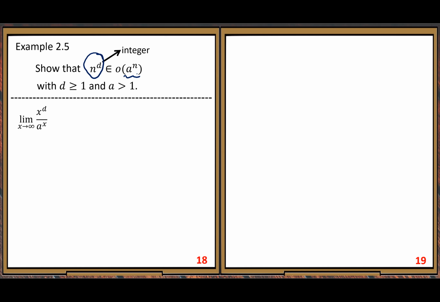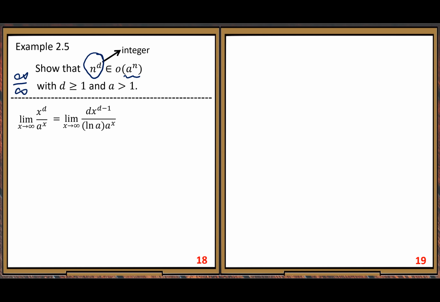We use x to replace the discrete variable m, so we can take derivatives. But when we take derivatives, we need to check the indeterminate form. No problem, because this is an infinity over infinity indeterminate form, so we can apply L'Hopital's rule.